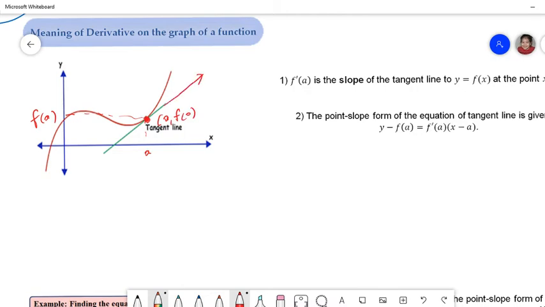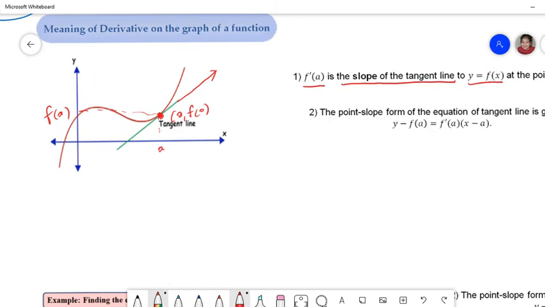Now f prime of a is the slope of the tangent line to y equal to f of x at the point x equal to a. So its slope here is equal to f prime of a.